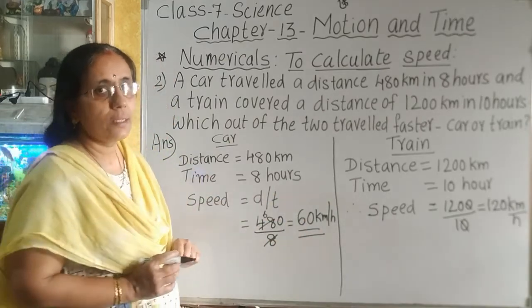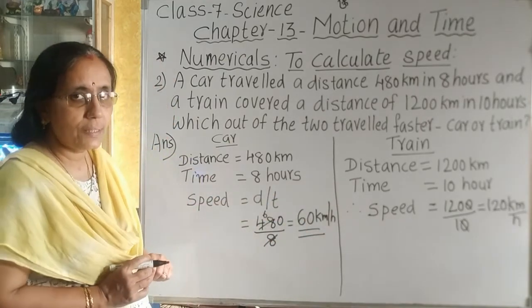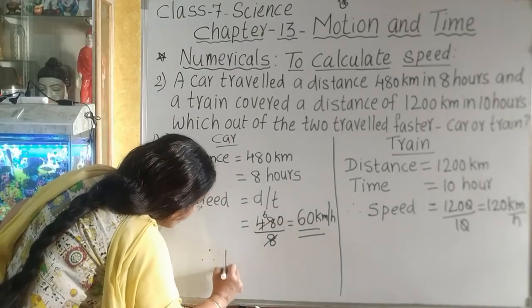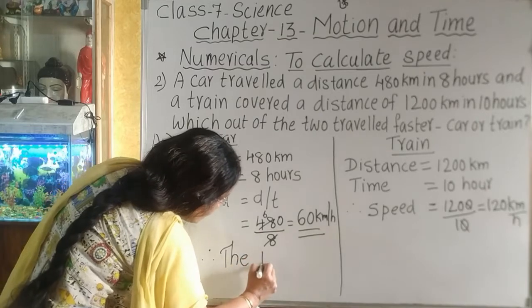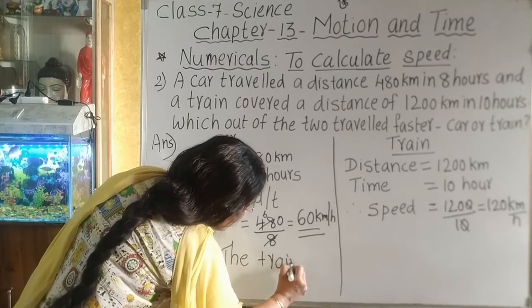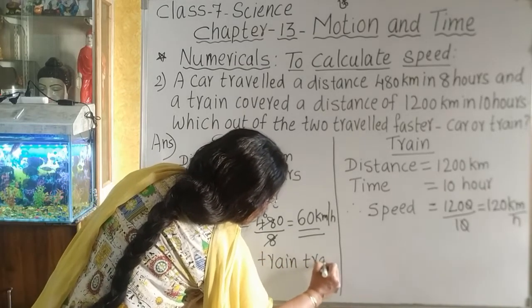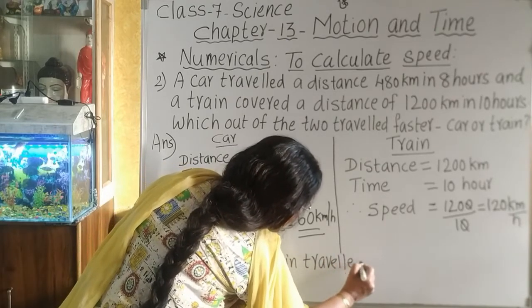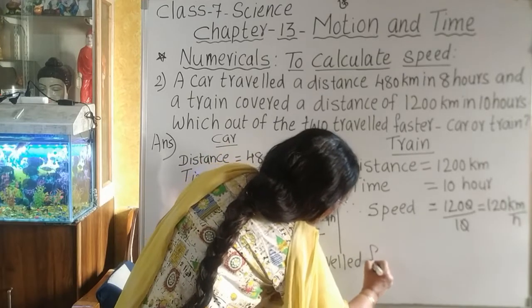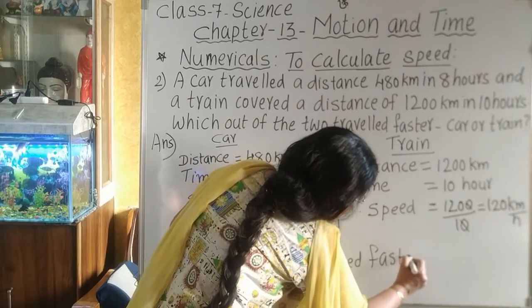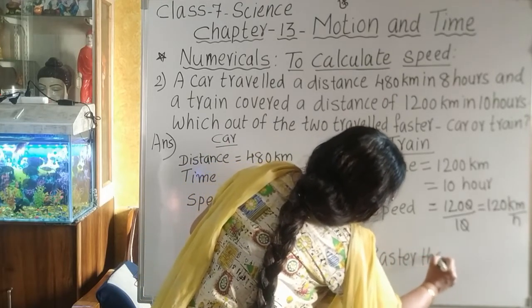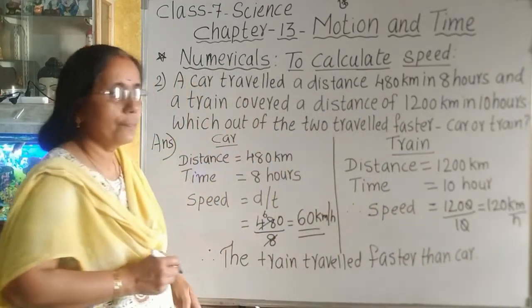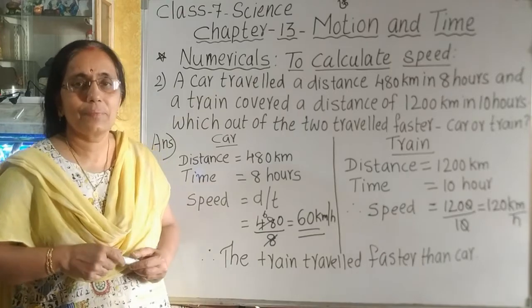So we can say that the train travelled faster than car. So that is the answer.